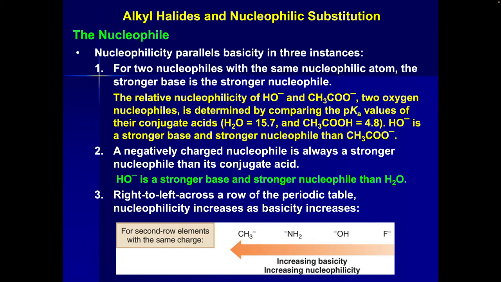And so here's a few rules that you need to know about, okay? So if you have two nucleophiles that have the same nucleophilic atom, that is the atom that's making the bond, the stronger base is always going to be the stronger nucleophile. So for example, if I had hydroxide and acetate, just draw them out.